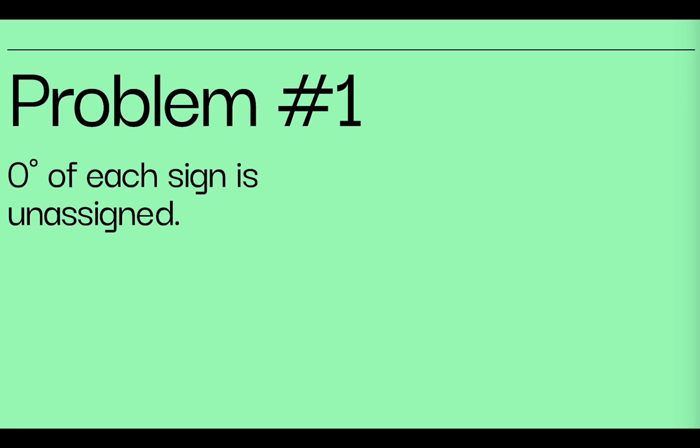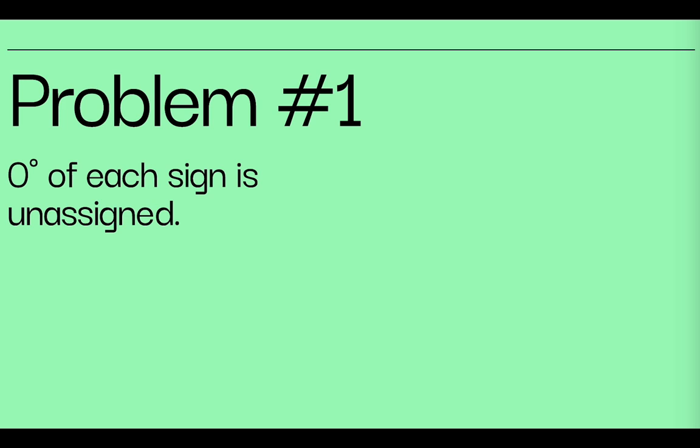Like, I guess before that event happened, why was the 0 degree unassigned? Like, 0 degrees is still a part of the zodiac sign. I'm not the only person who has noticed this shortcoming and questioned it.